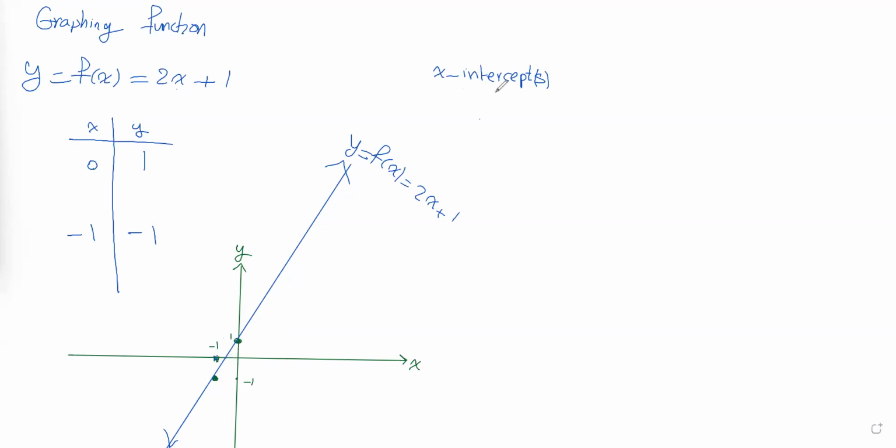To find the x-intercept, let's just write down: the x-intercept is the point, or it can be more than one point, so I'm going to put the s inside parentheses, the point(s) on the x-axis which intersects the graph of the function.